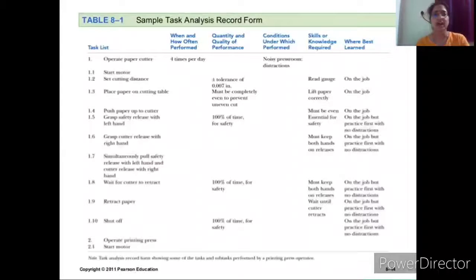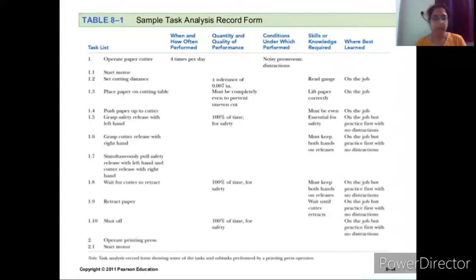Relating to starting the motor and setting the cutting distance, the skill required is the reed gauge. That particular skill will be taught to the employee. Then, place the paper on the cutting table. The skill required for this is lifting paper correctly. Training will be given to the employee on how exactly to lift and handle the paper.